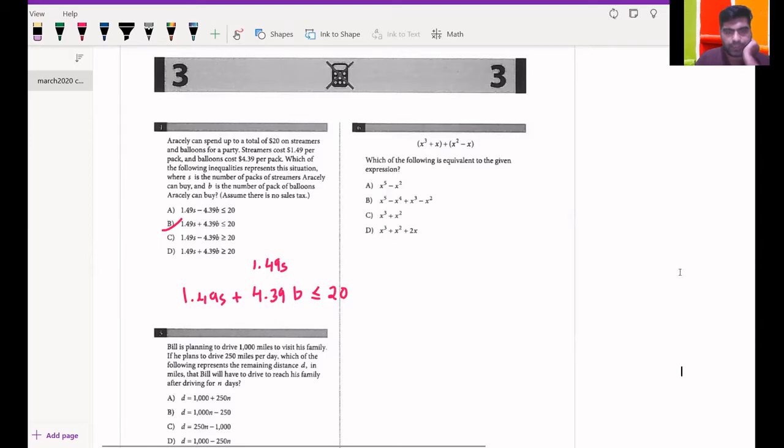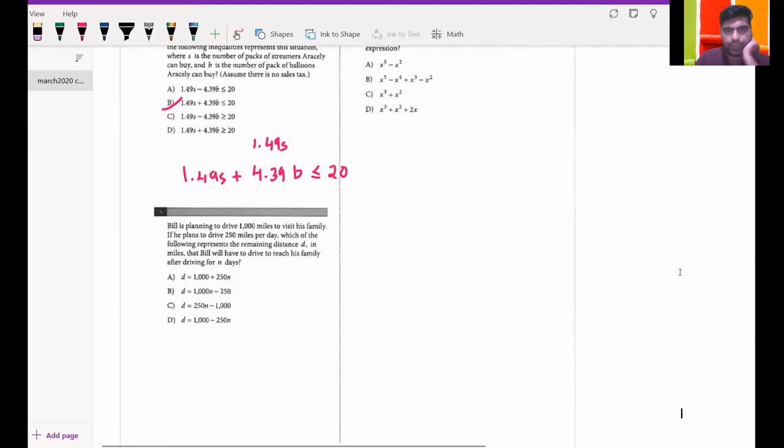Number 5, Bill is planning to drive 1,000 miles to visit his family. He drives 250 miles per day, so 250D, but here n is the number of days, so 250n will be the miles he drove in n days. And you want to find the remaining days he'll have to drive to reach his family.